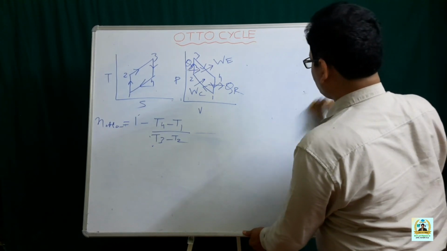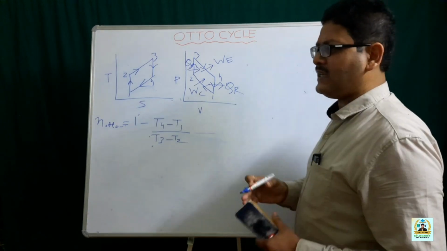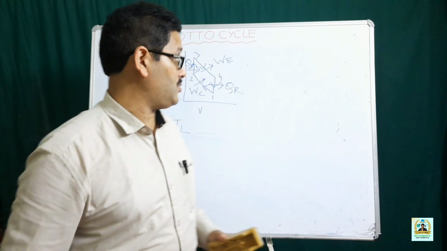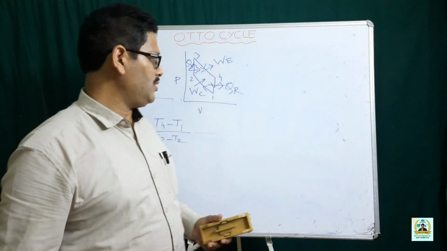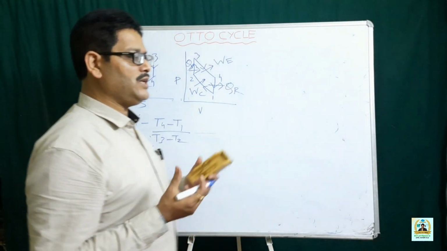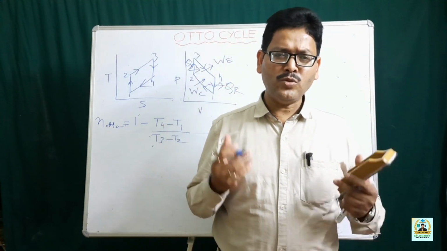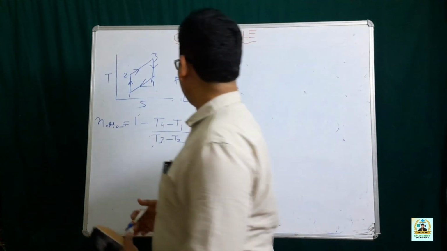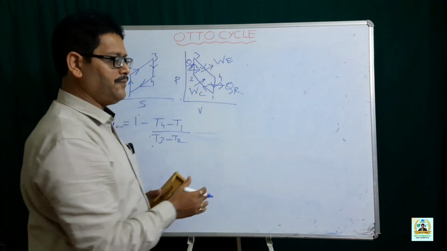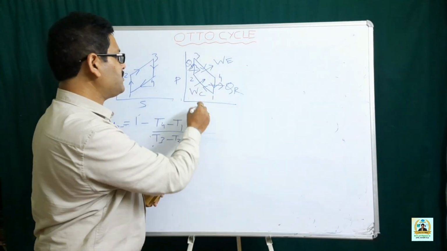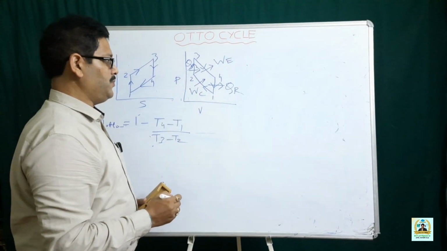Now, we will represent the efficiency in terms of compression ratio. So what is a compression ratio? Compression ratio is the ratio between the total cylinder volume and the clearance volume, and if we refer to this diagram, this one represents the total cylinder volume and 2 is the clearance volume.